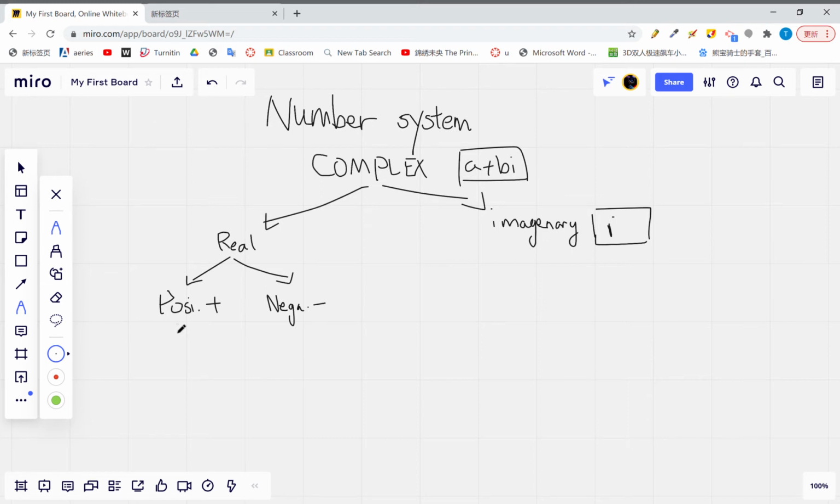And positive is any number that's larger than 0, and negative is any number that's less than 0. Okay? And we can expand this further.